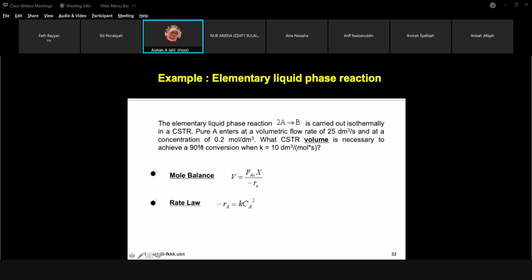What CSTR volume is necessary to achieve 0.9 X when k is given? This is a simple one. It is second order because it is elementary, power of 2.